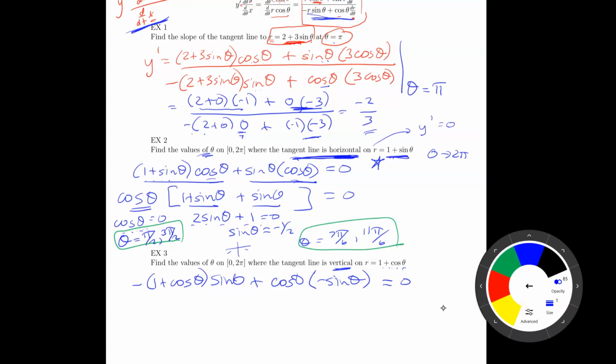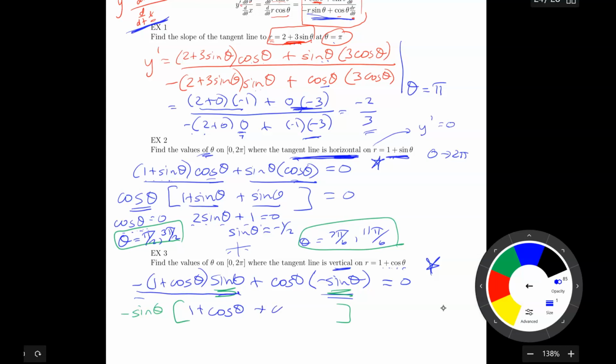Again, do not divide by common factors. But I notice there's a negative sign in common between both of them, right? So I'm going to factor out my negative sine of theta. And what's left once I factor out a negative sine theta? I'm left with 1 plus cosine of theta from the first term.